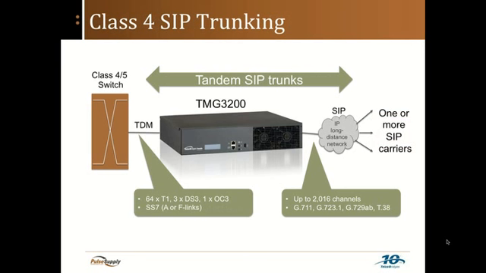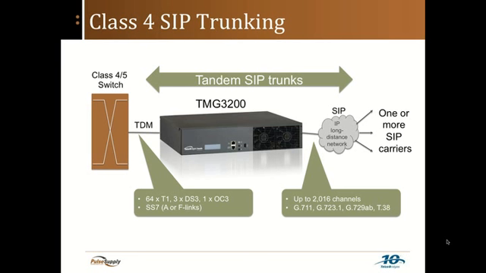Next, here is another example. In a way, it's very similar to the previous example, except instead of delivering services to the customer side, we're instead on the trunk side of the switch, where the gateway is enabling the use of SIP carriers, let's say for inter-exchange traffic.